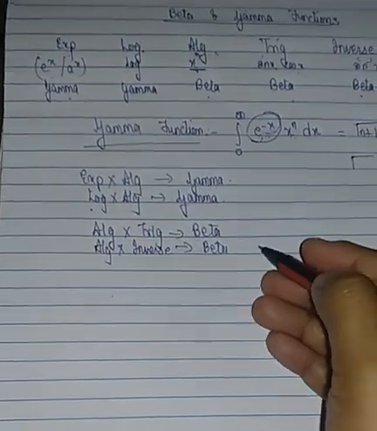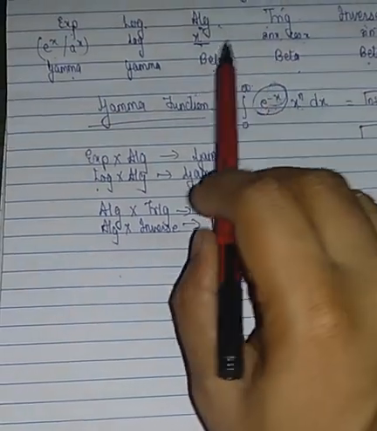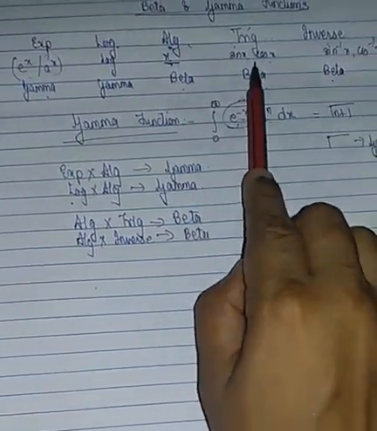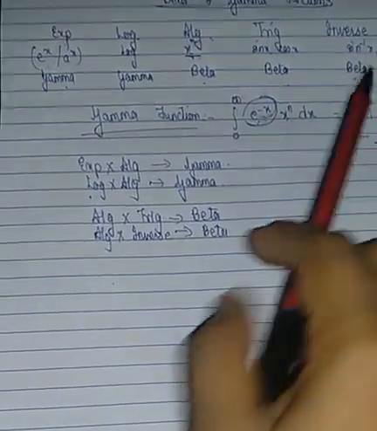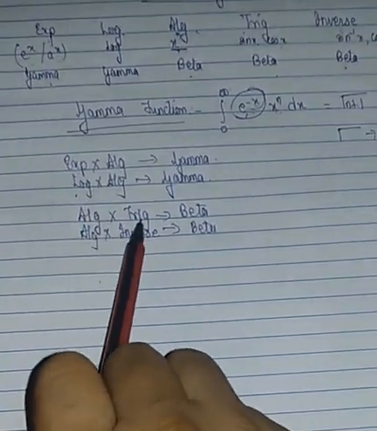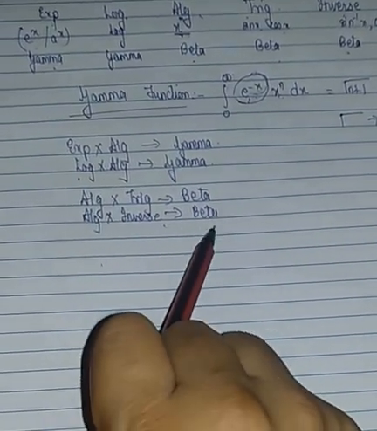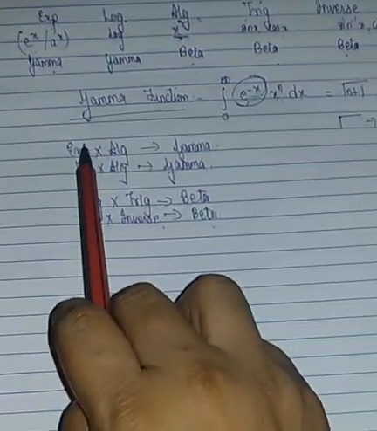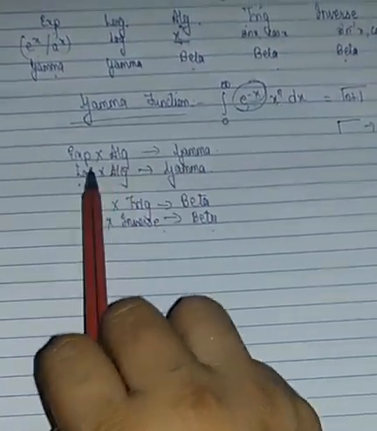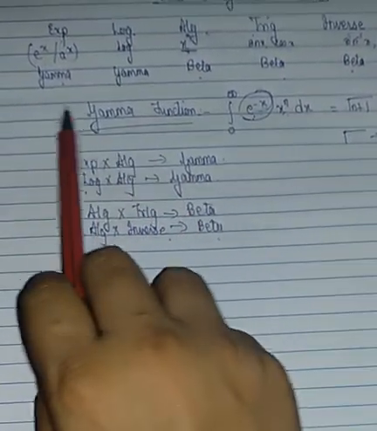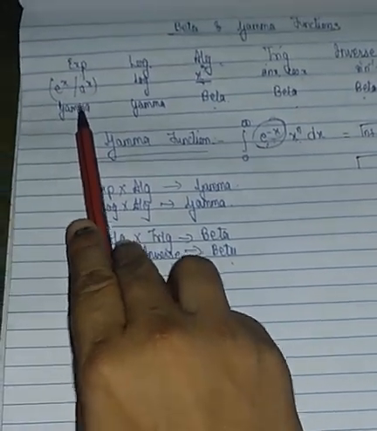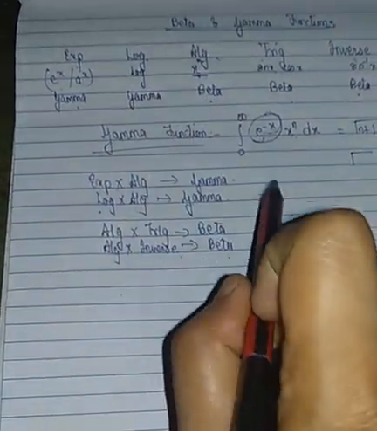So I know the functions which are going to give me a beta: purely algebraic, purely trigo, purely inverse, or algebraic into trigo, algebraic into inverse. Exponential into algebraic will give me a gamma. Log into algebraic will give me a gamma. Exclusively exponential also will give me gamma. Log also will give me a gamma.